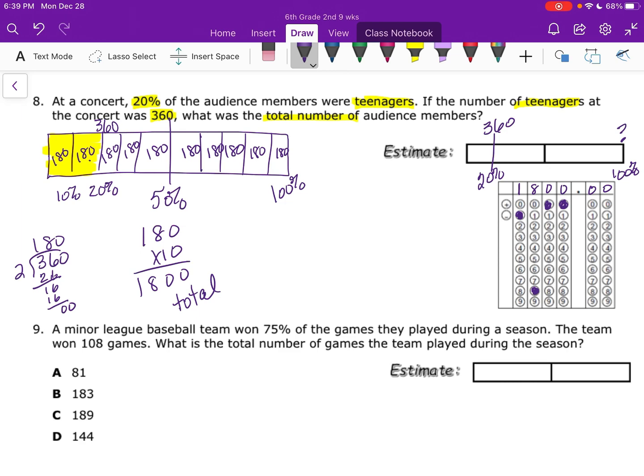If you did the proportion, it would have been teenagers to total. You know what? Let me use a different color. Use green. So it would be 20% or 20 per 100 equals 360 over x.